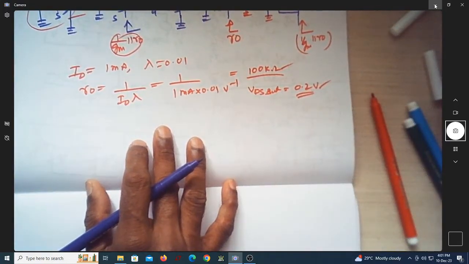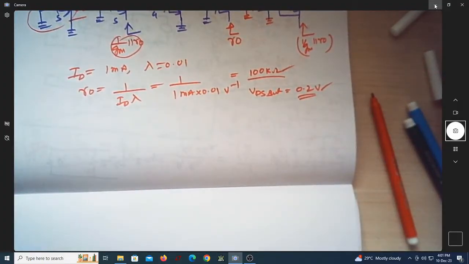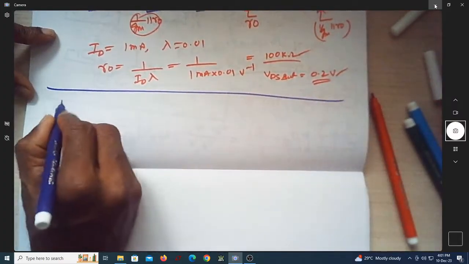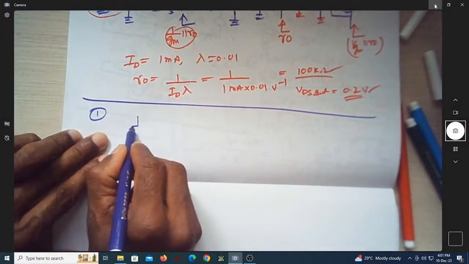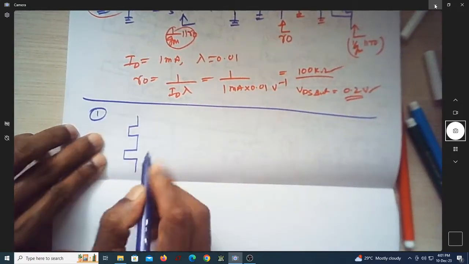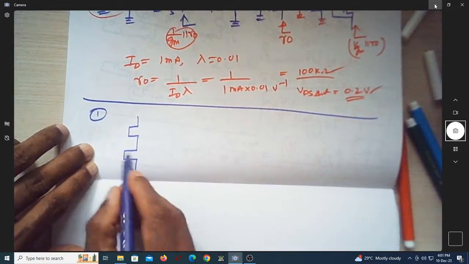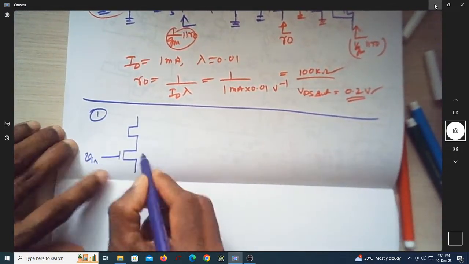Now let us take them one by one and try to find out what resistance is offered by each one of them. Let me take the first load, again a CS amplifier. We will assume that proper biasing is done. Let me apply the input voltage here.